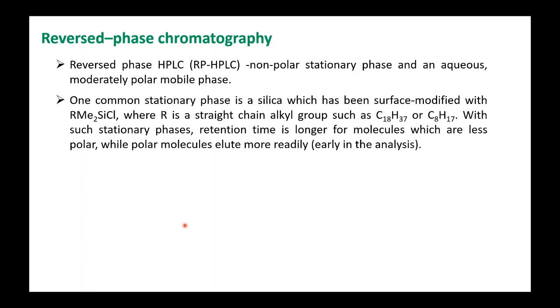If you have a very polar compound, mostly a carboxylic acid, you see it will not move through the TLC plate, right? So it is very difficult to separate that one. But if you take the reverse phase silica and do the TLC or the HPLC, what you will see is that your carboxylic acid is moving much faster than the non-polar compound. So you can easily do the separation.